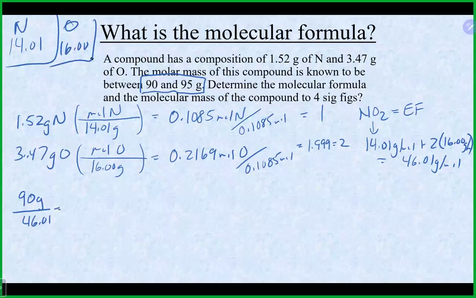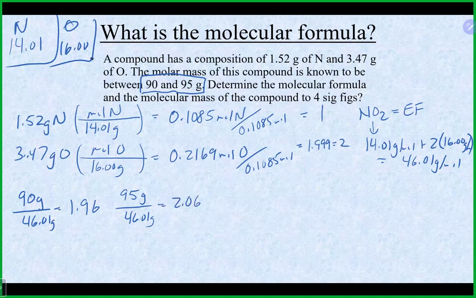In that case, you're going to end up with about 1.96. You could take the high range, which is 95 grams, divided by 46.01, and that's going to get you about 2.06.